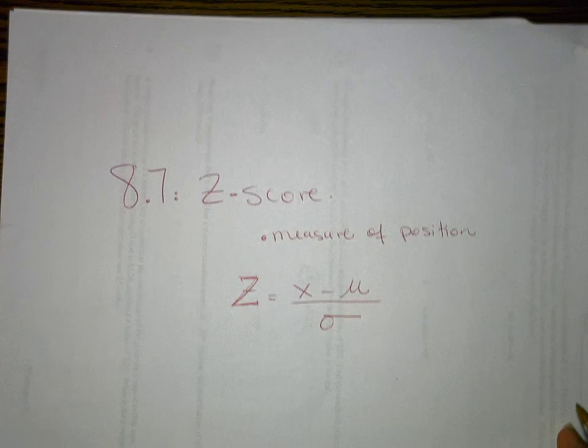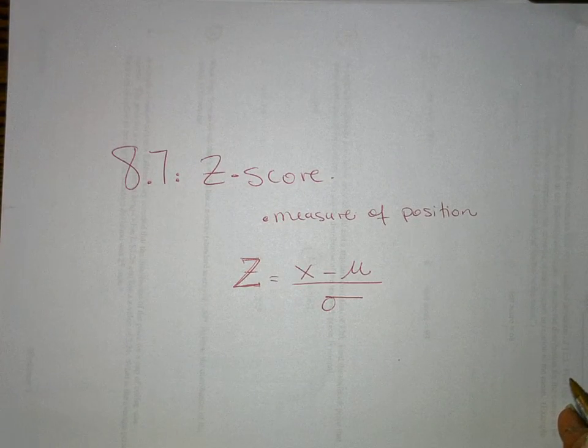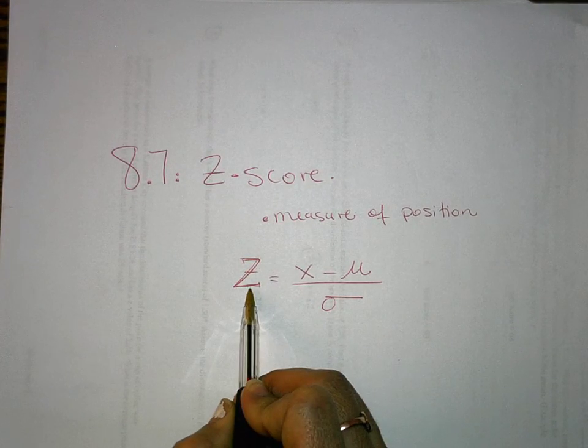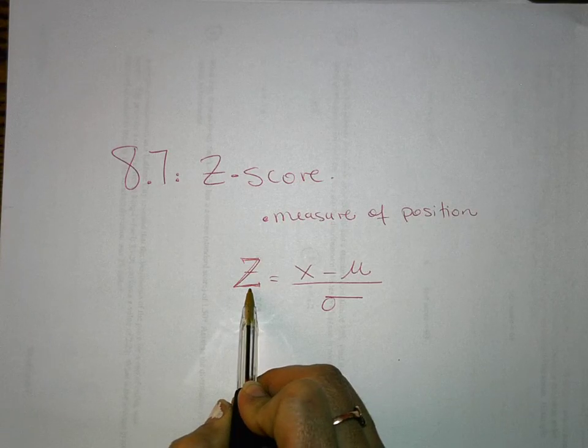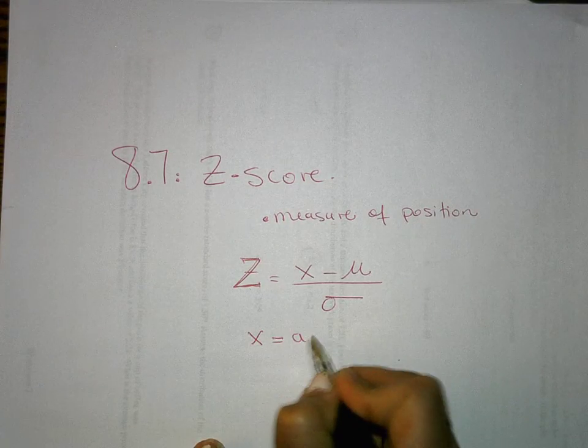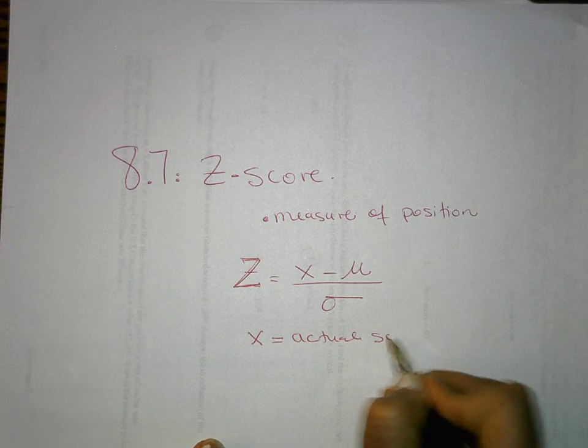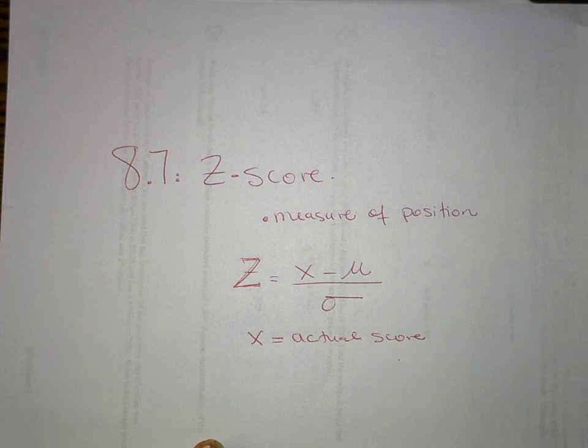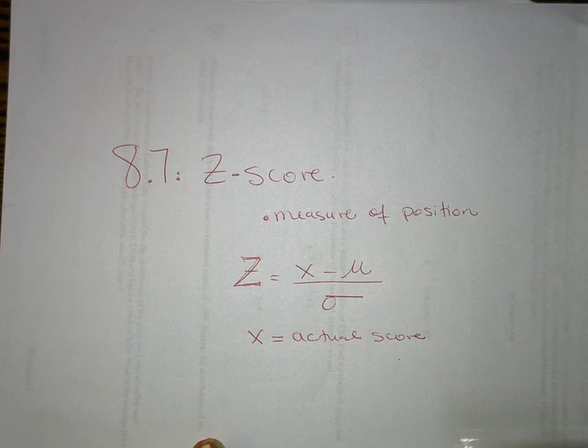So what does each of these symbols represent? Z represents your position in relation to the mean. X represents your actual score. If we're talking about your ACT score, your SAT score, whatever the actual value is, that is what X represents.